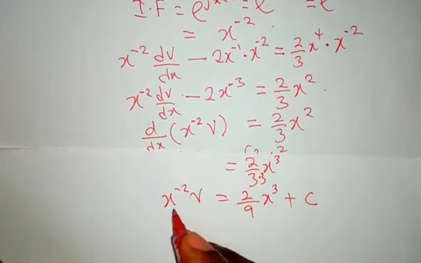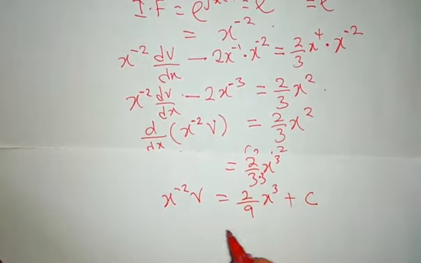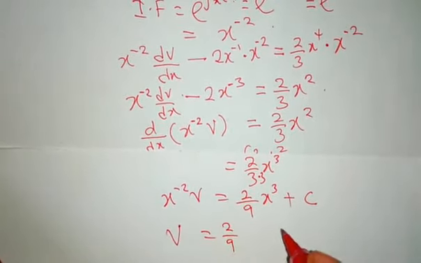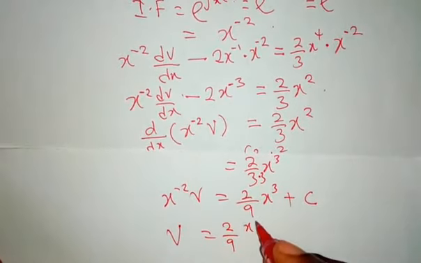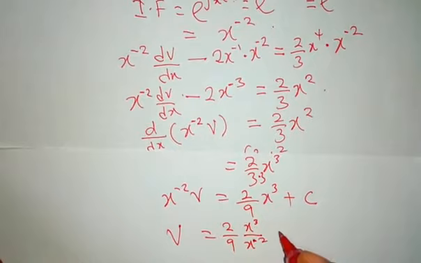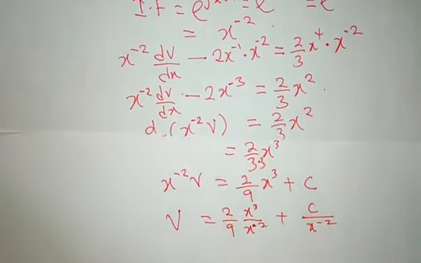So divide through by x to the power of minus 2, we have v equals 2 over 9 x cubed divided by x to the power of minus 2, plus c over x to the power of minus 2.